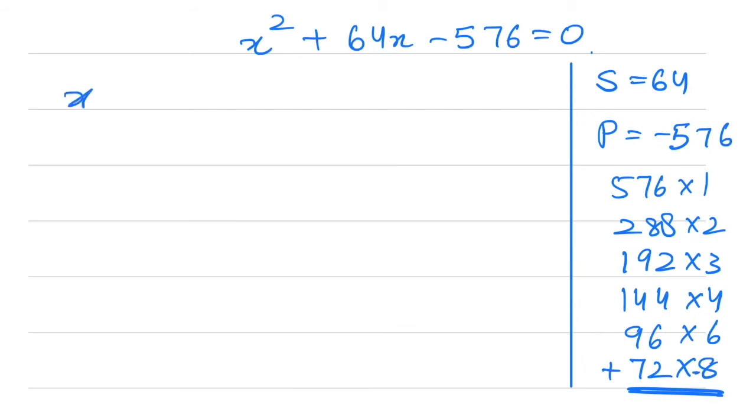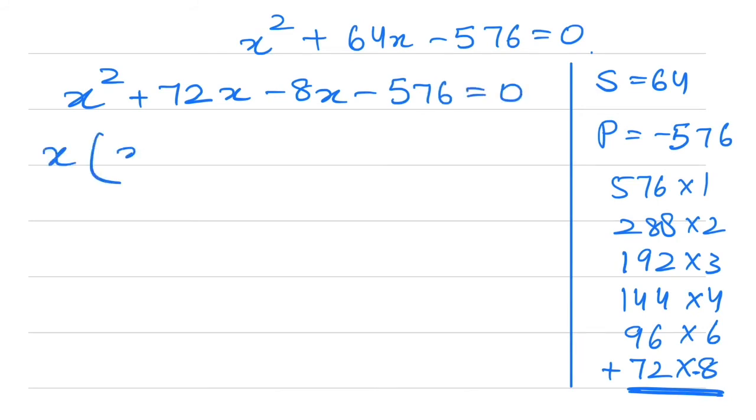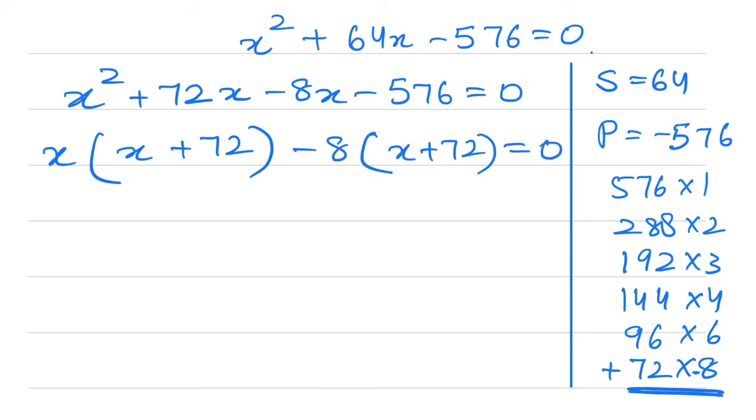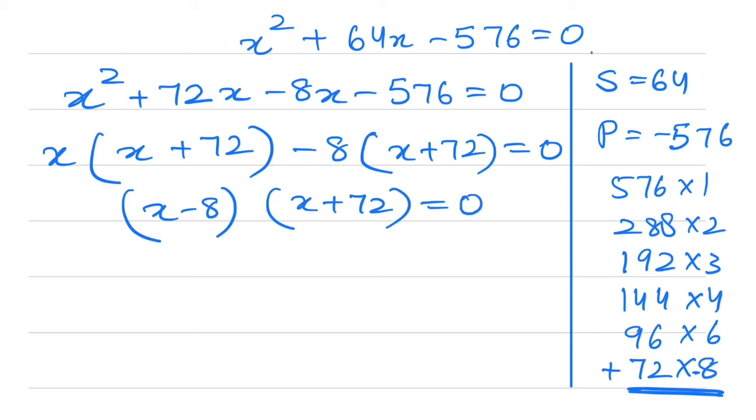So let's split the middle term. x square plus 72x minus 8x minus 576 is equal to 0. x is common, x plus 72 minus 8, x plus 72 is equal to 0. So x minus 8 and x plus 72 are the factors of this equation. So x is equal to 8 or minus 72.